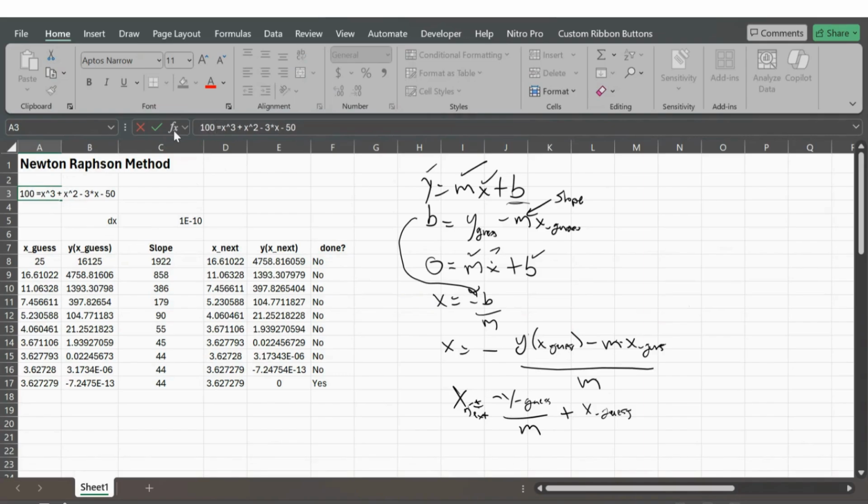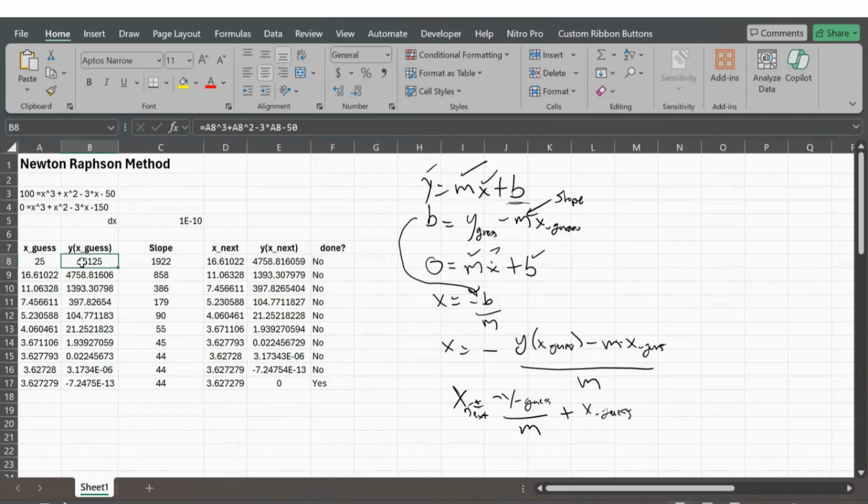let's say I want my y to equal 100. What x do I need to plug in to get that? Well, what you could do is just subtract that 100 over to this side of the equation. So you get 0 equals, I'm just going to copy that. 0 equals x cubed plus x squared minus 3x minus 150.